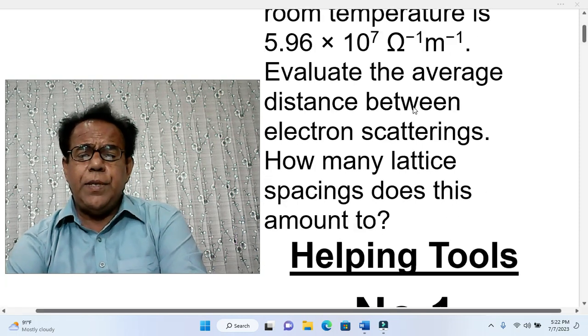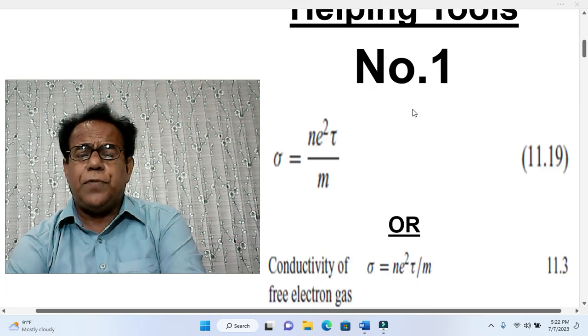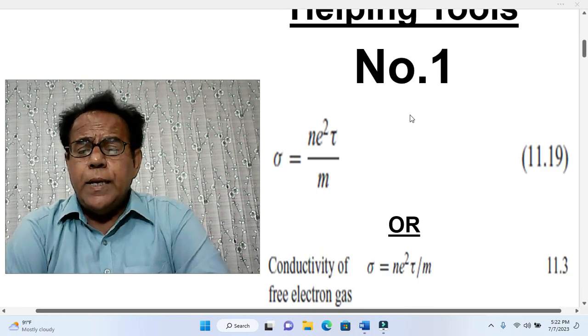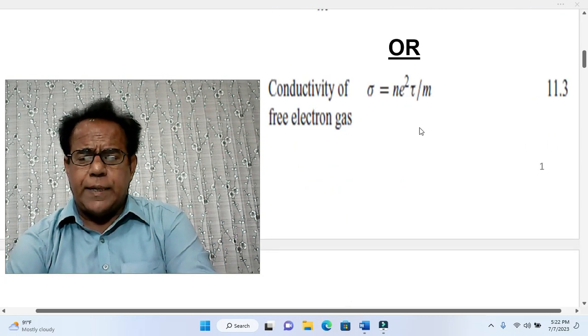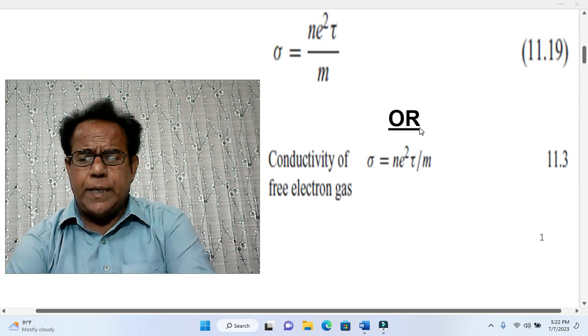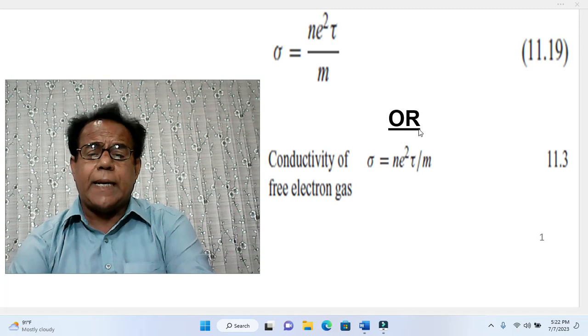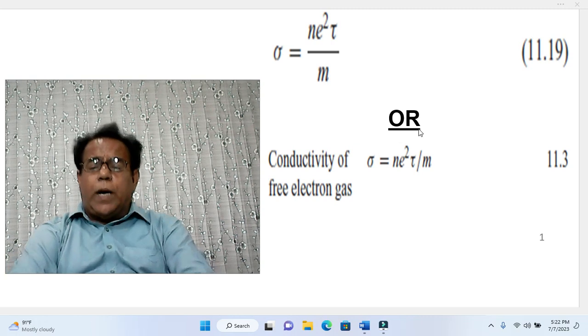Anyhow, we first move to the helping tool. The first helping tool has been shown in two alternate versions. The first version says that it is equation number 11.19, and the second version says that this is equation number 11.3.